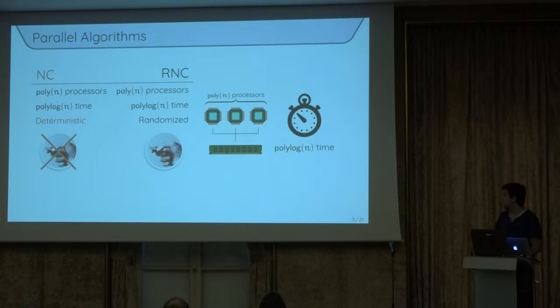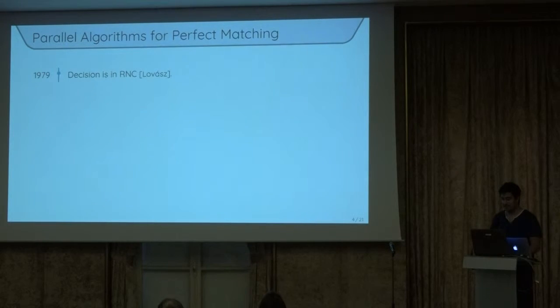So what is known about perfect matching in this parallel model of computation? It was one of the beautiful gems of computer science that the decision problem can be solved in randomized NC. This is basically by a reduction to polynomial identity testing. Okay?